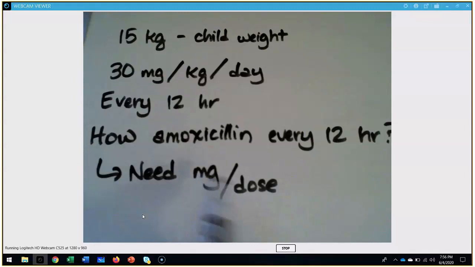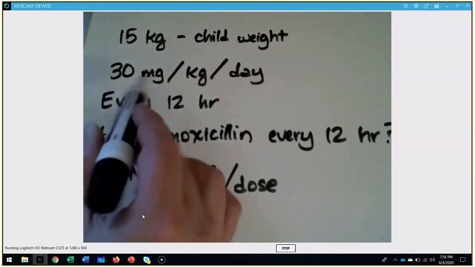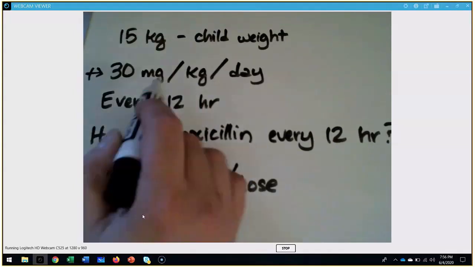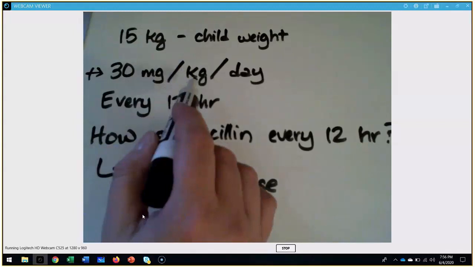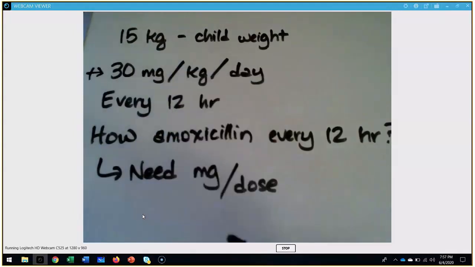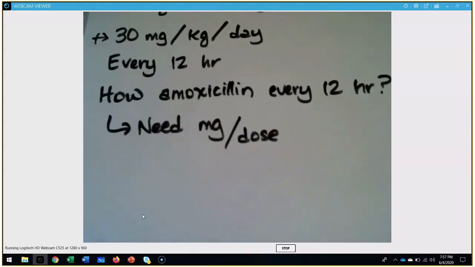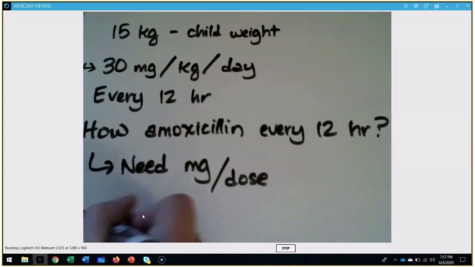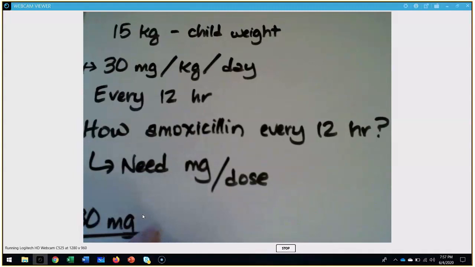Okay, so let's see. If we need milligrams per dose, we need something to end in milligrams. Here's the information for the milligrams. That means we're going to have to get rid of the kilograms that are attached. And we're going to have to get rid of the days. So let's see what we can do here. Let's start with the fact that it says 30 milligrams per kilogram.